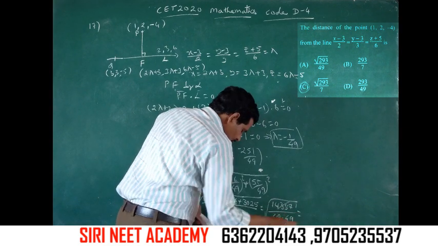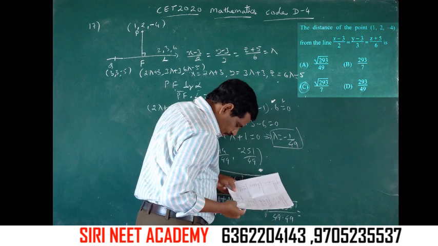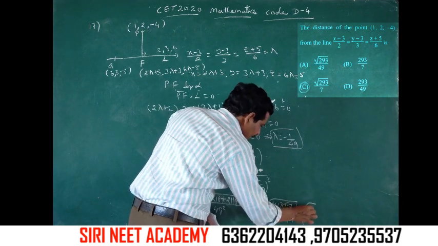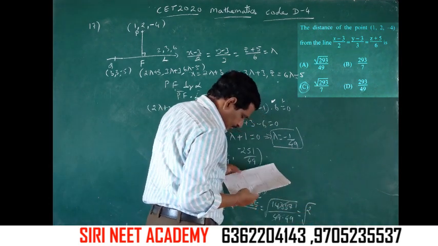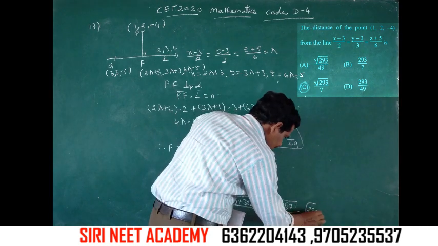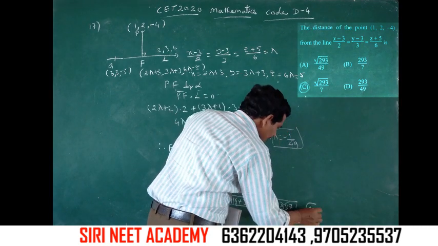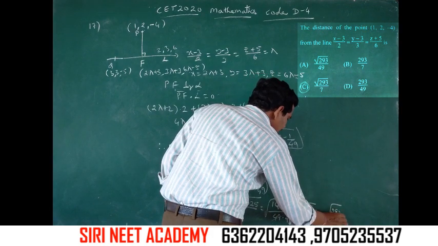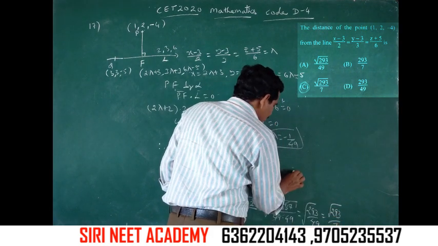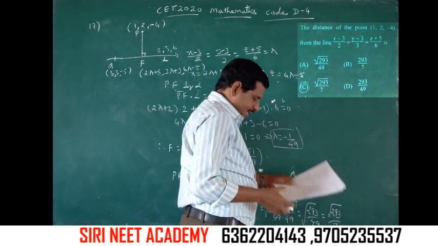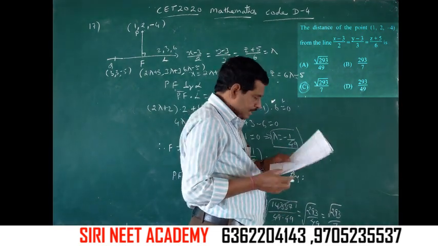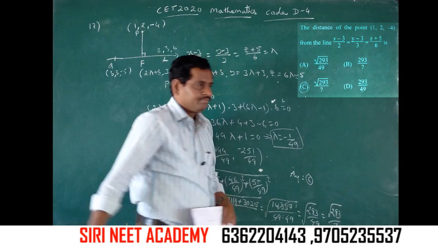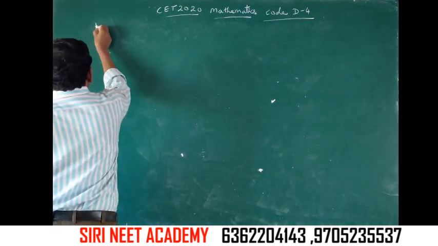Cancel this. You will get root of 293 by 49. It means root 293 divided by 7. So the option is C. Number 18.